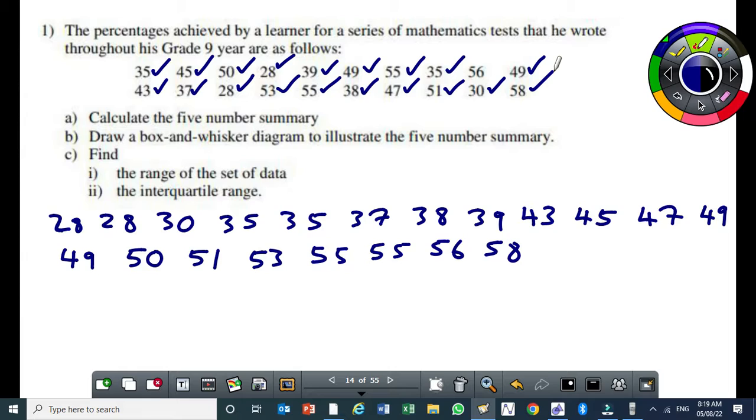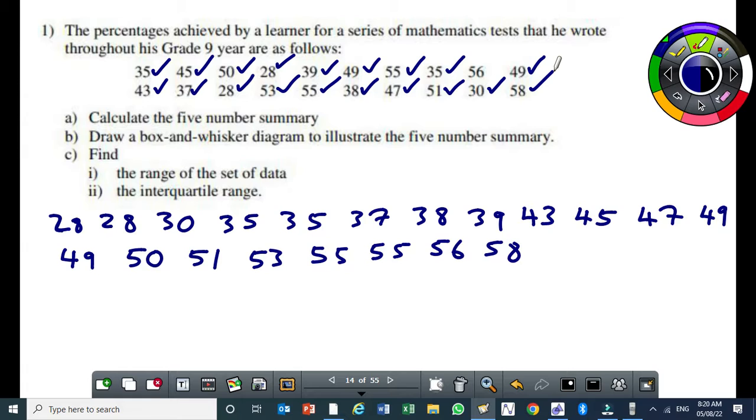Now, if you do it manually like this, you need to be very, very careful of making a silly mistake. You can miss one value. So you just have to check. So we've got 2, 4, 6, 8, 10, 12, 14, 16, 18, 20. Right? So there are 20 of them.